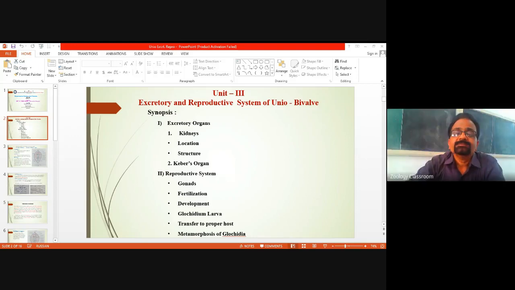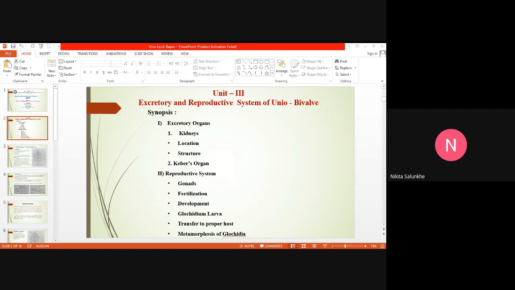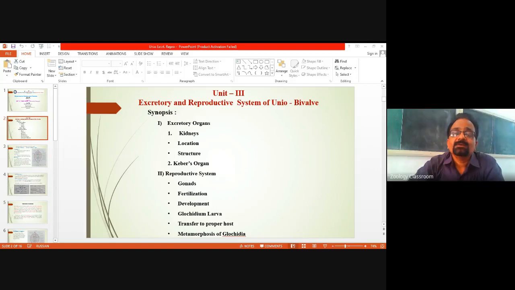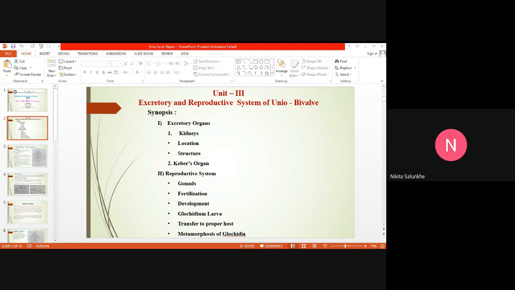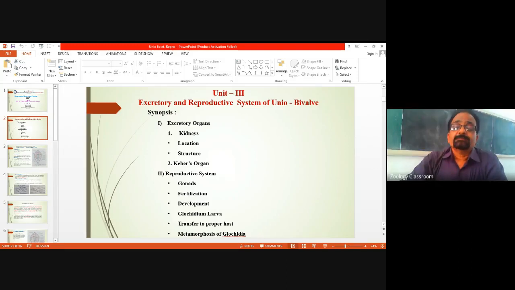Some disturbance is there, so I'm asking you. Now, the very important structures: these two gill lamellae are separated by vertical partitions, which are called septa or interbranchial septa. They divide the gill lamellae into vertical water tubes.